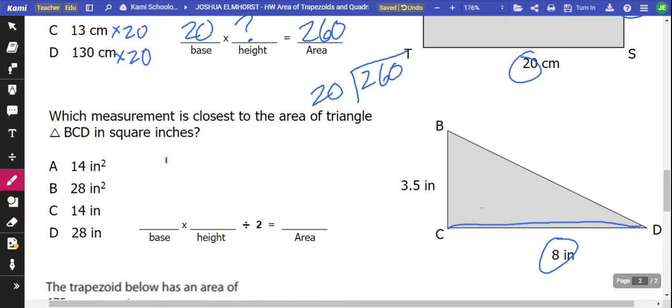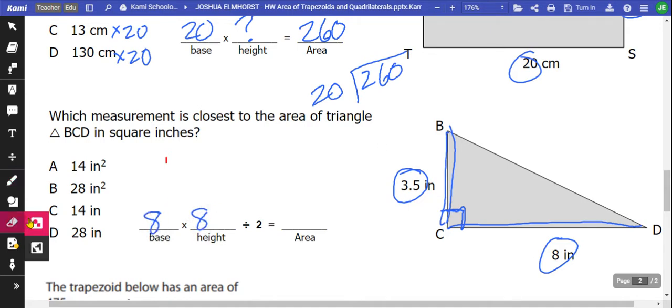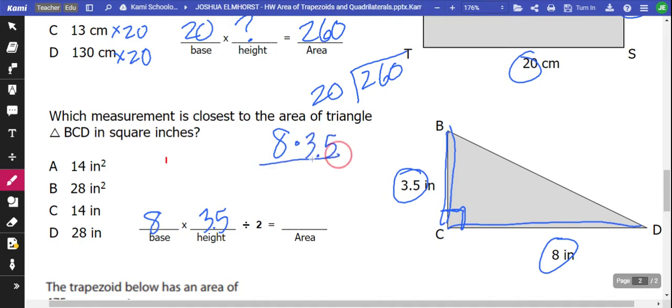Base times height, because they're perpendicular, we're going to use that. So you have 8 times 3.5 divided by 2. So 8 times 3.5 divided by 2.